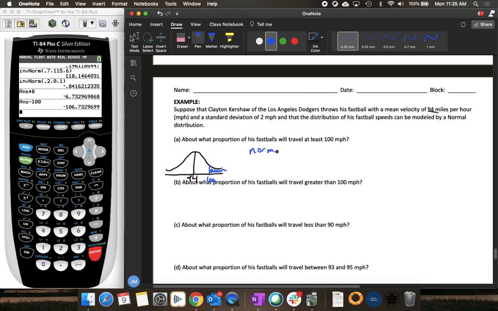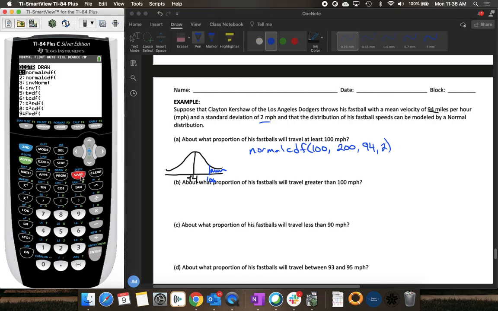All right, so we want to know what the proportion is, or what the area is. That's going to be normal CDF. For the lower, that's going to be 100. For upper, pick something really big like 200. And then for mean and standard deviation, again, make sure you include those. The mean was 94, standard deviation was 2.